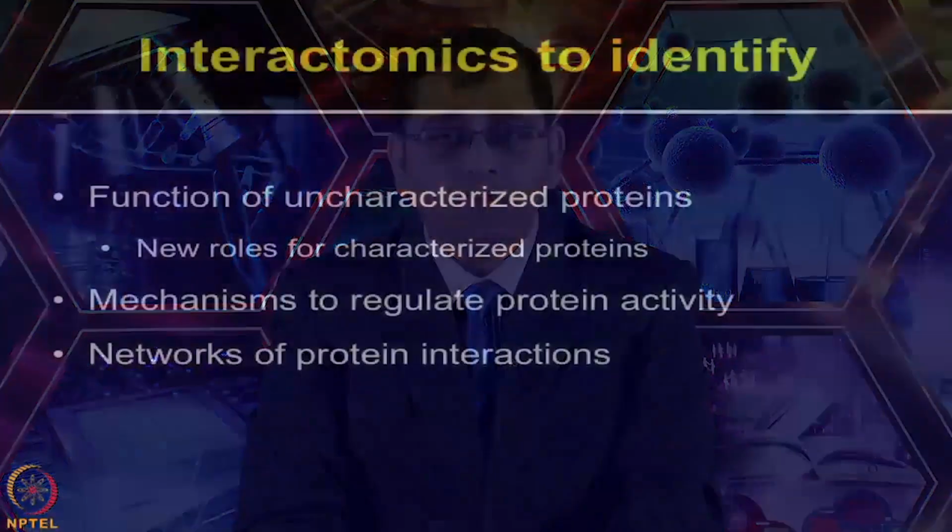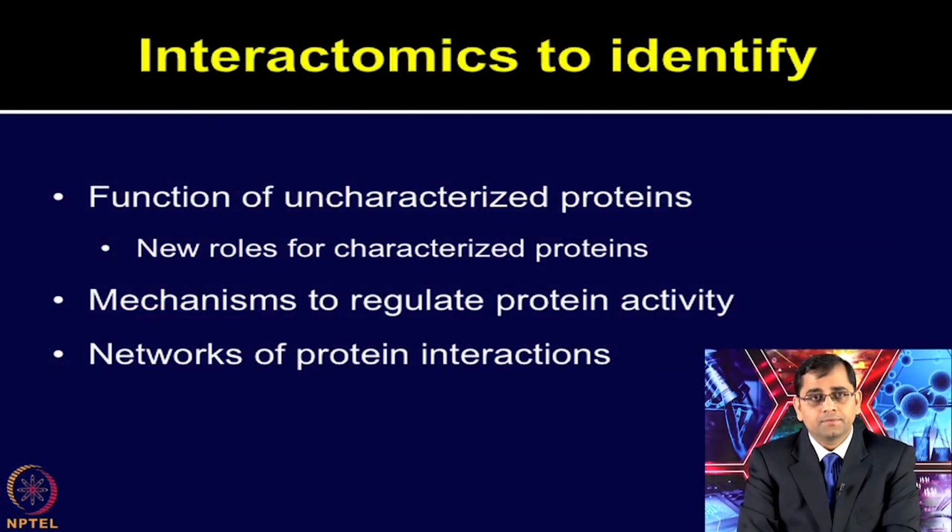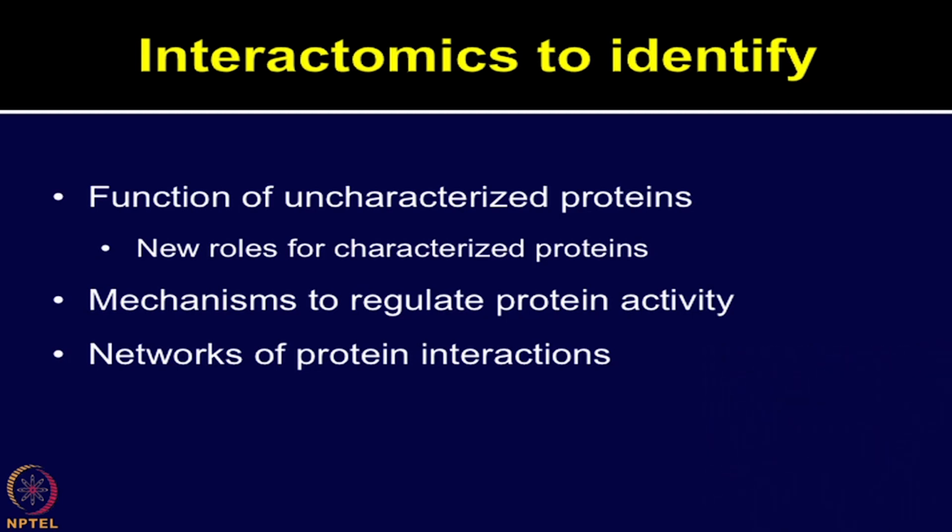The field of interactomics aims to identify the function of uncharacterized proteins, so that one can assign the new role of various proteins. The mechanism to regulate protein activity can also be understood by studying the interactions. The network of protein interactions provides very valuable information for the processes such as signal transduction and various types of pathways in which these proteins can be involved.